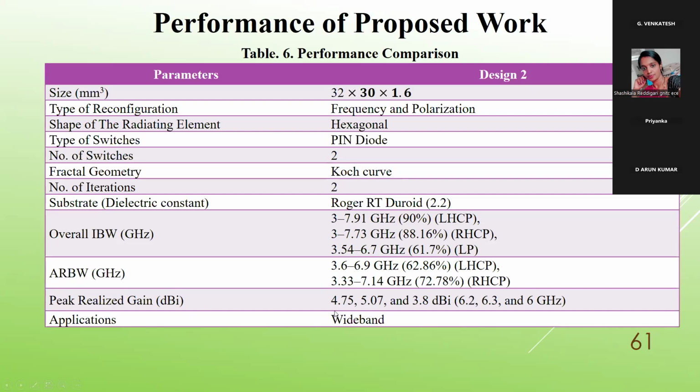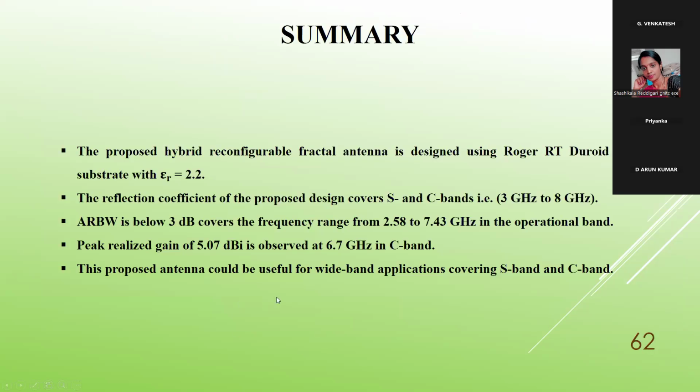Peak realized gain is 4.75, 5.07, 3.8 dBi at frequencies like 6.2, 6.3 and 6 GHz. Basically, it is a wideband antenna. So the summary is whatever I explained in the performance table.